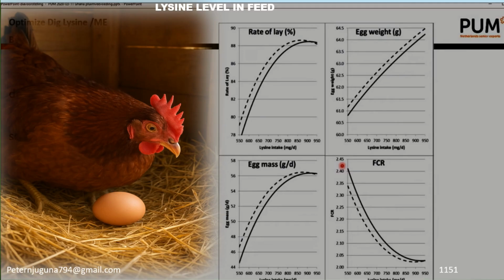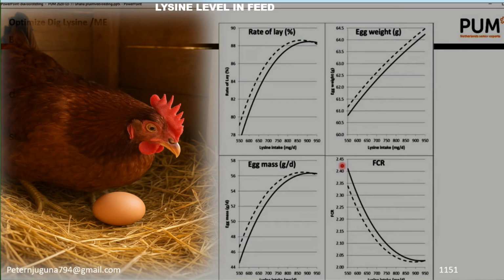Also, you can see that as you increase the amount of lysine in the diet, you are also increasing the egg weight. You can take one example from the lower side, and if you feed your poultry with 600 milligrams per day, you can see that we are going to get an egg with about 61.3 grams egg weight.